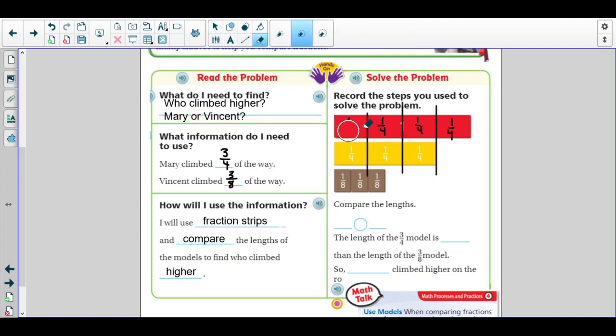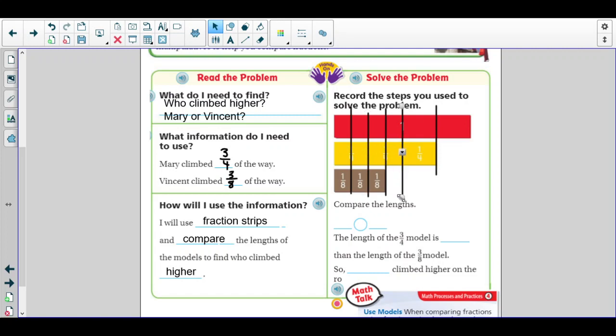Now, let's take a look here at what Vincent was able to do. Just nudge that over just a tad. And now we're going to divide these into eighths. We'll get this line out here just a tad bit longer.